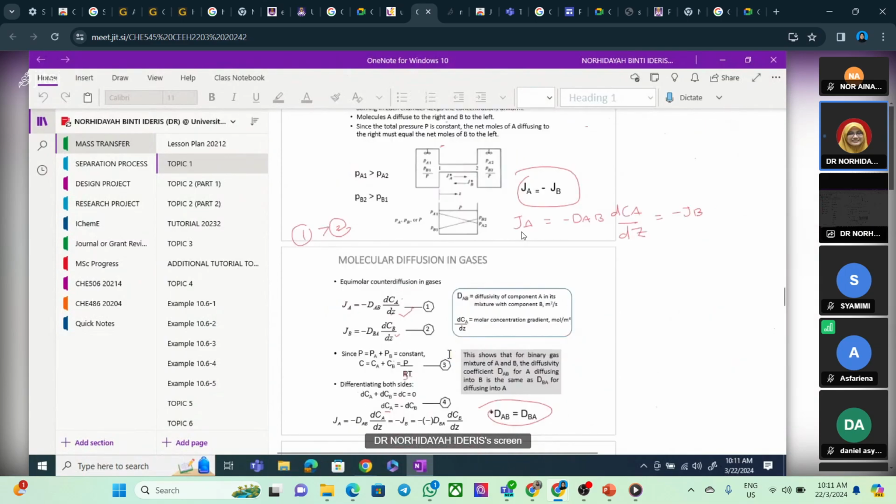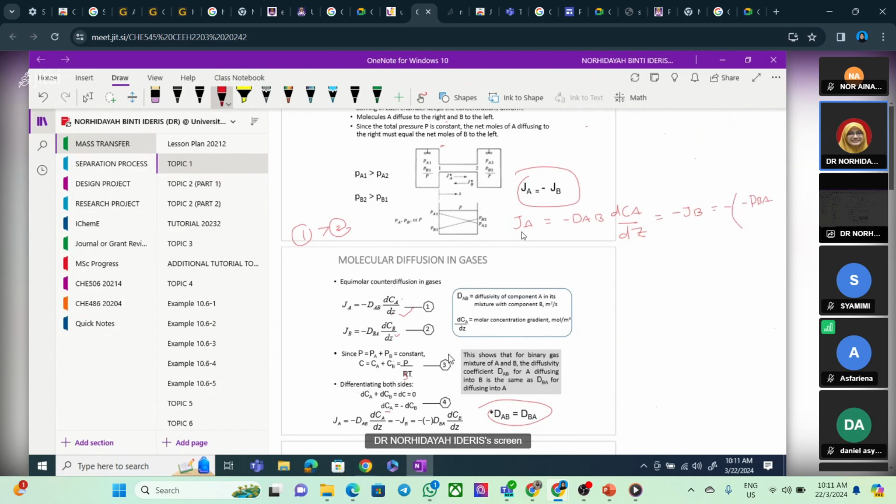Okay, so the negative JB here is equal to negative DBA dCB over dZ. So the negative sign and negative sign are cancelled out here.